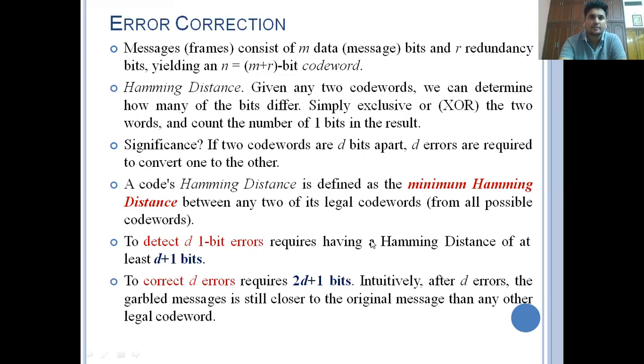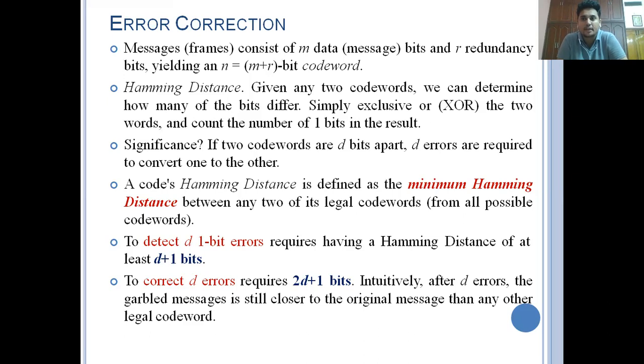Now error correction. A message, that may be a frame, consists of m data bits and redundancy bits, yielding n. Why are we sending the redundancy bits? We already discussed it in the previous video. Error detection is done by using redundancy.